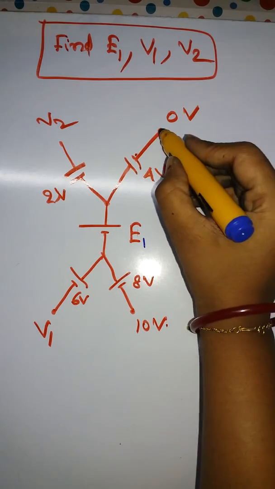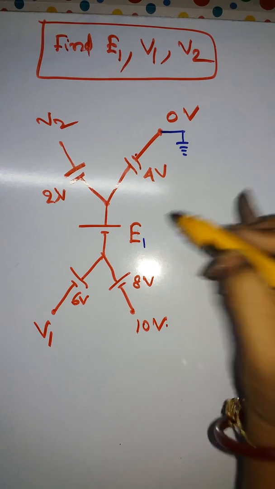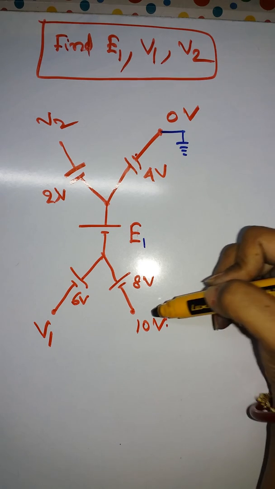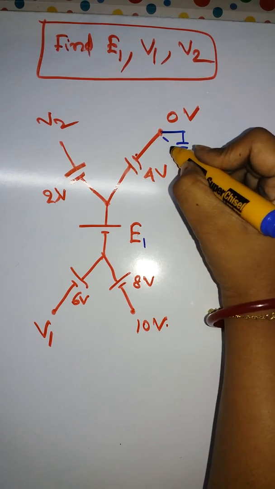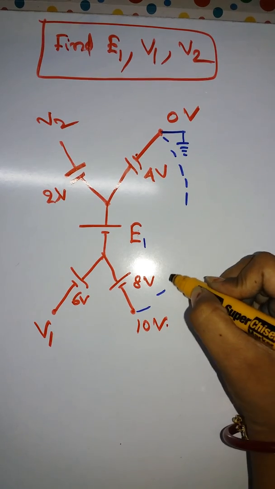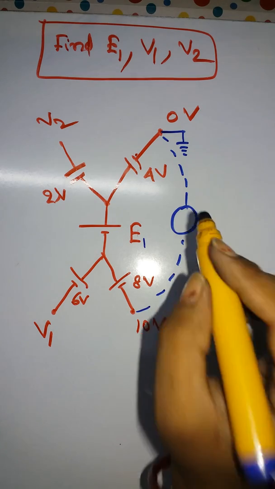Okay, now this is basically grounded, right? So now we have to find E1. How can we find? What will be the voltage drop across this? Tell me.